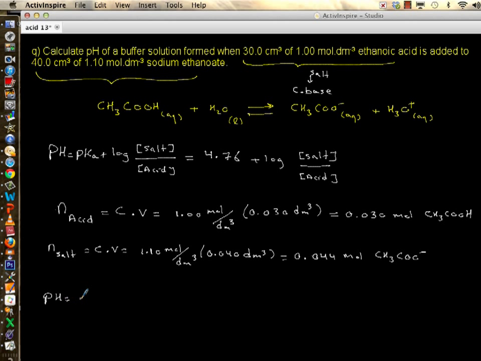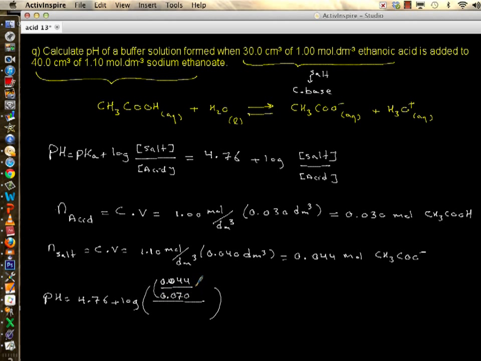Now I'm going to plug it in. pH equals pKa, which was 4.76, plus log of, now concentration is moles divided by total volume. So for the salt I have 0.044 moles divided, the total volume is 30 plus 40, which is 70 cm cube, or 0.07 decimeter cube.